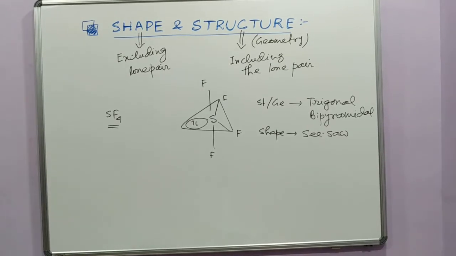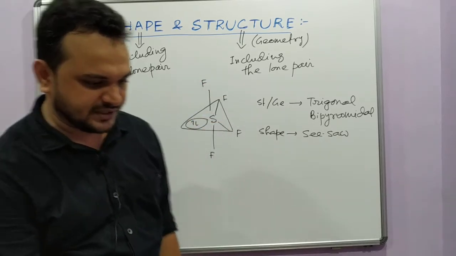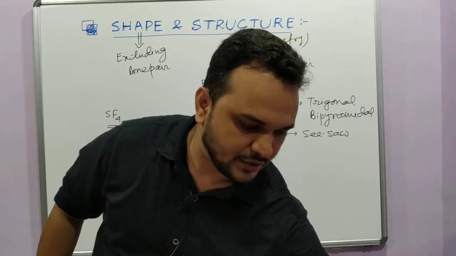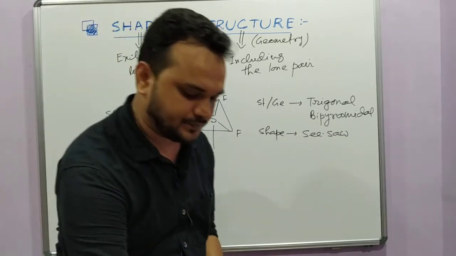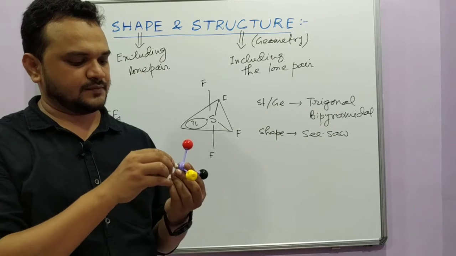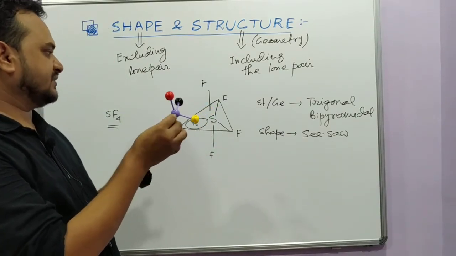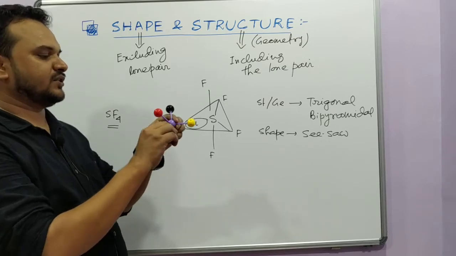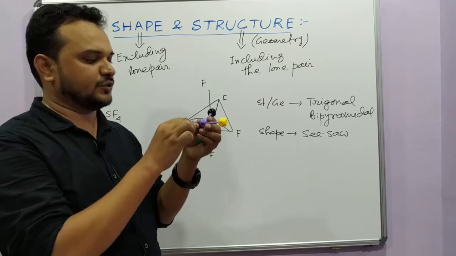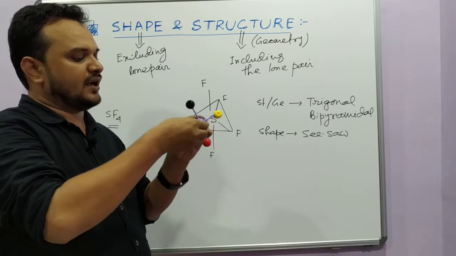One more example is SF4. I have already shown you this structure. So how will this SF4 molecule look? It will look like this one, right? In this SF4 molecule, one of the equatorial positions of the trigonal plane is occupied by a lone pair of electrons.